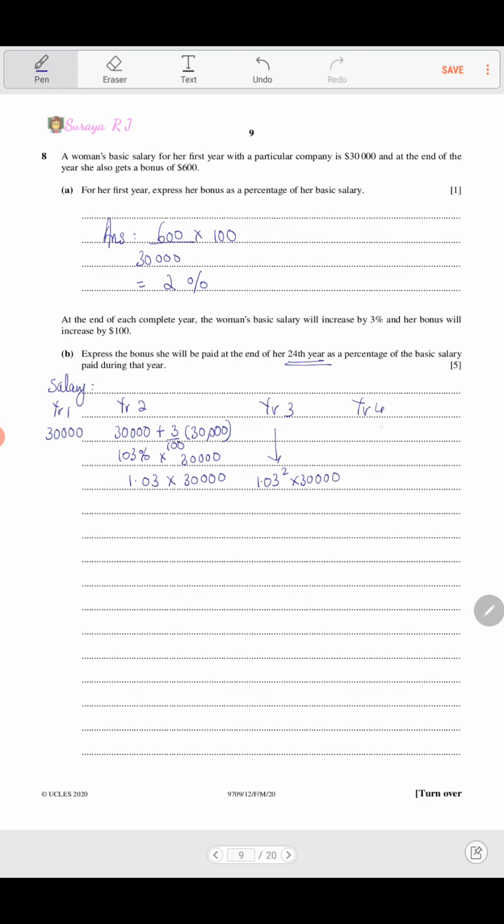In year 4, it will be 1.03 of this amount. So it is 1.03 times 1.03 squared. So we have cubed times 30,000. And this will continue like this. So in year 24, her basic salary will be, so before that, here we can see that this is a geometric progression.